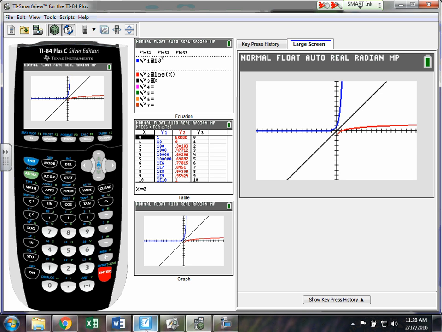Well, if you take a horizontal line and reflect it across the line y equals x, it will become a vertical line. There is a behavior on log of x where there is actually a vertical asymptote right here where it's going to start getting closer and closer and closer to the y-axis.